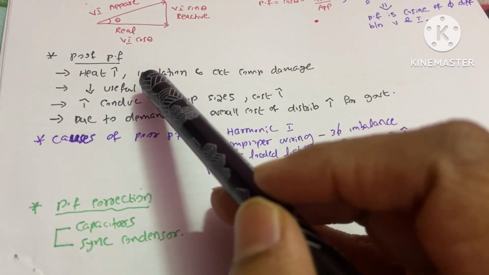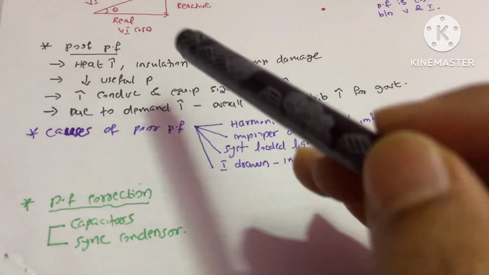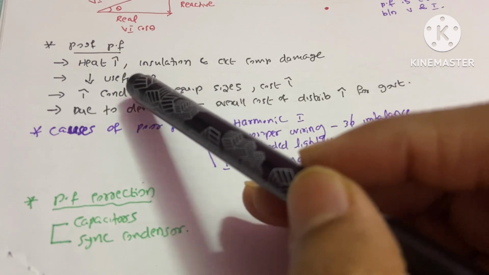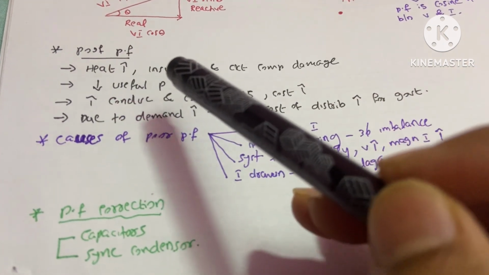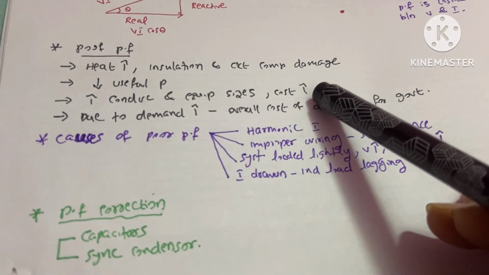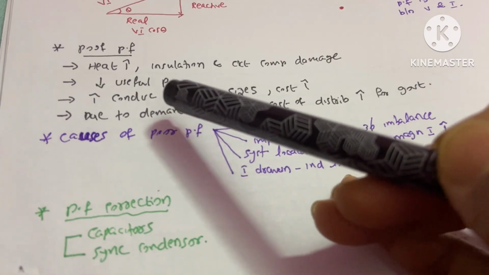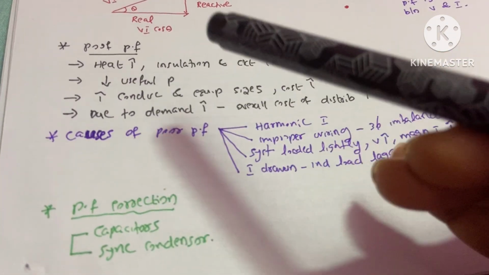Poor power factor will result in many problems in the electrical system. The main problem is that the heat of the circuit will increase. Due to that heavy heat, the insulation and circuit components will get damaged. The second problem is that the useful power of the system will decrease, which means the wastage will be more.